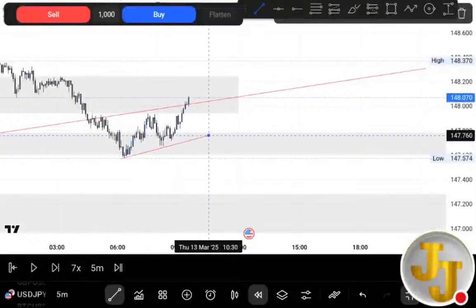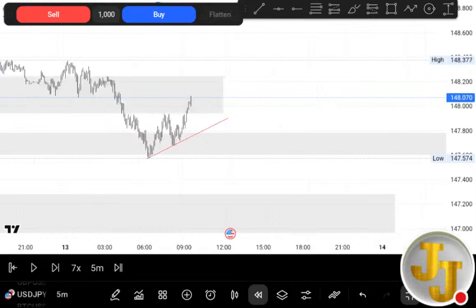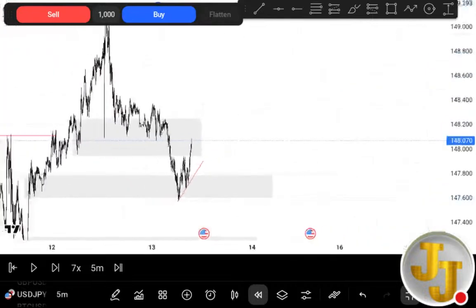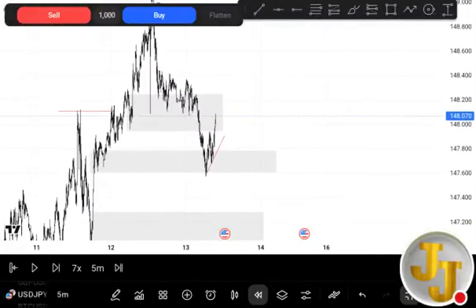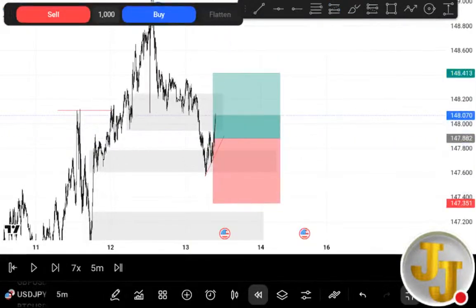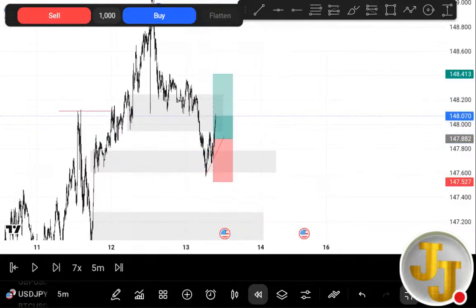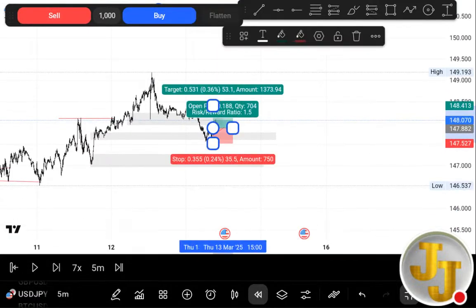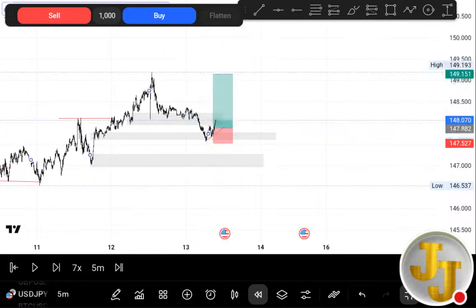Now, when you draw this trend line on your 5-minute, it shows that yes, we are now turning bullish. So here you can decide to risk some pips, and you target this, almost 130 pips.